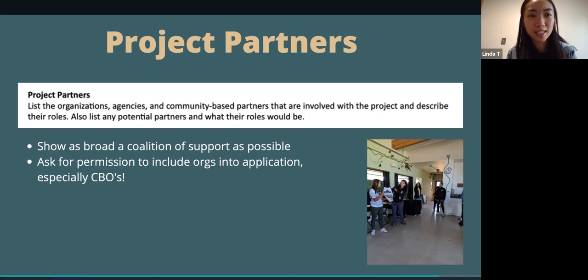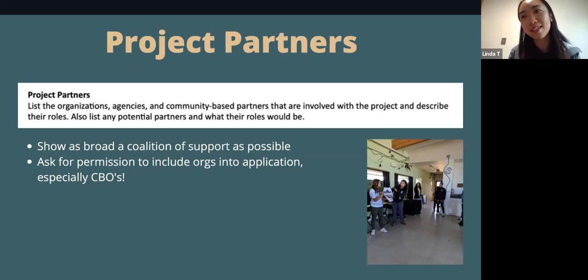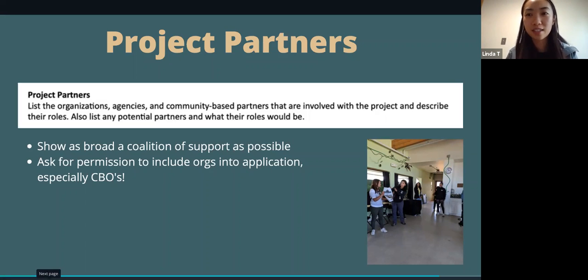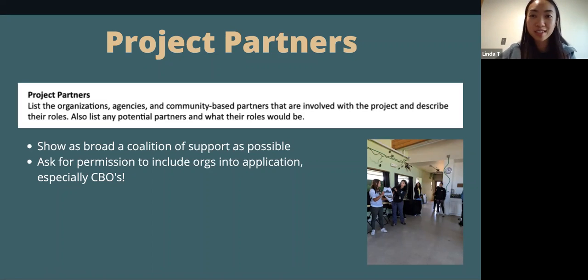There's a point on this slide that says ask for permission to include organizations in an application, and that is super important. You don't want to exaggerate and say that you have a partnership with a CBO on this project, and then they find out that you listed them and they say, no, we don't even support this. It's really important to have that conversation with the different organizations if you want them to actually collaborate with you on these projects.